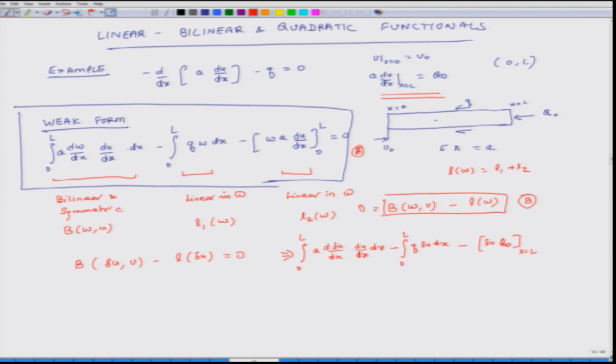Now, this term I can write as variation of the bilinear term, I can express it as this. Agreed?